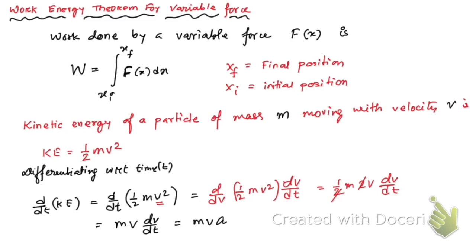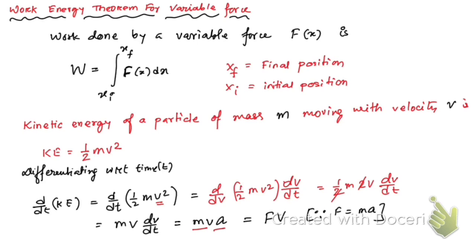Now you see, m into a is nothing but force, right? So we can replace it by F into v, since F is equal to ma. Hope you have understood this.